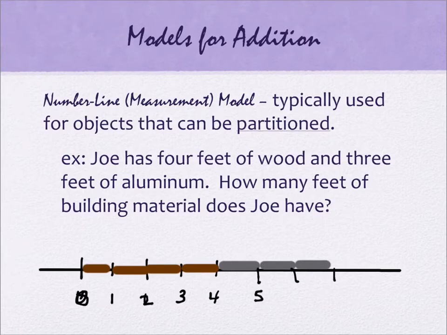And I have 5, 6, and 7 then. So how many feet of building material does Joe have? He has 7 feet. So in this model, we're actually not counting pieces like we were before. We're actually counting lengths.